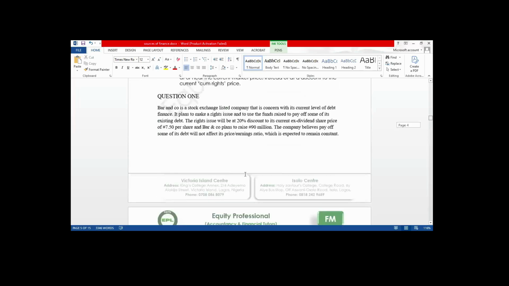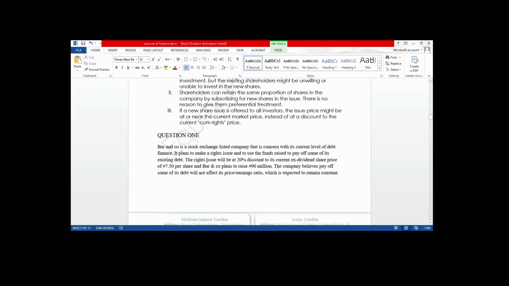Please come with me. The examiner says the current XD share price is how much? 7 naira 50 kobo per share. Look at it. The rights issue will be at 20% discount to its current XD share price of 7 naira 50 kobo per share.